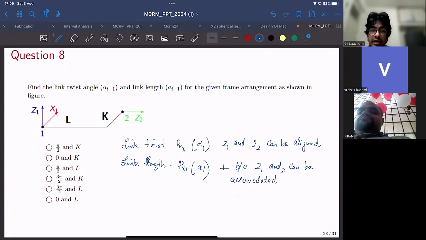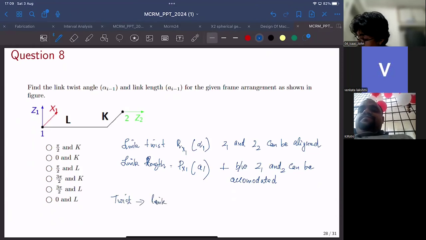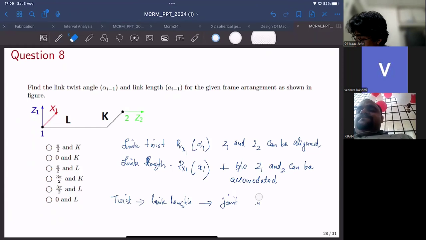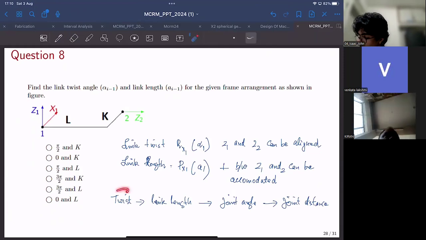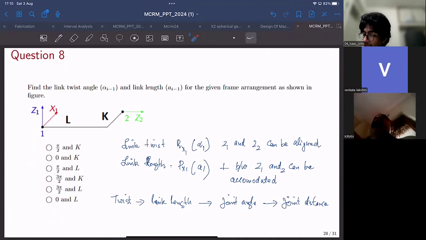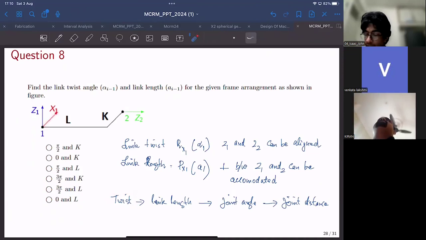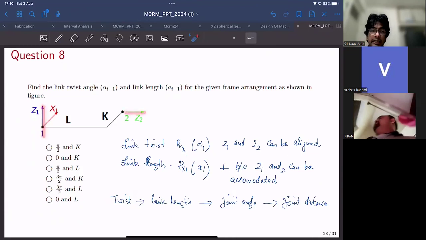The successive transformation, as I've said earlier, is first the twist, then the link length, then the joint angle, then the joint distance. So as per the succession, we first do the link twist. We have to rotate about x1 so that z1 and z2 can be aligned.